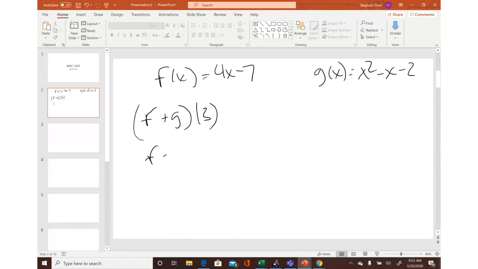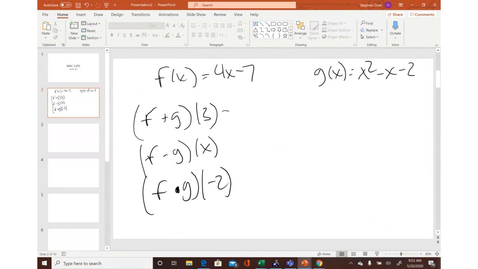Also want you to find f minus g of x. And also let's find f times g of negative 2. So let's just start it right here, right now, those three. Go.